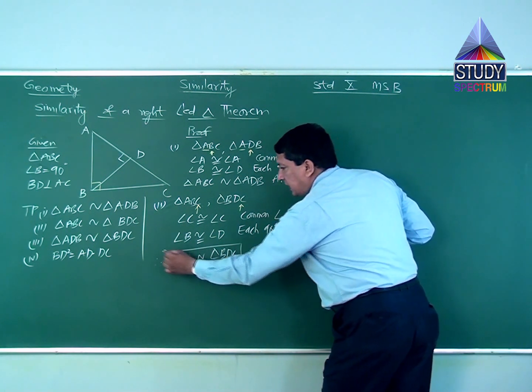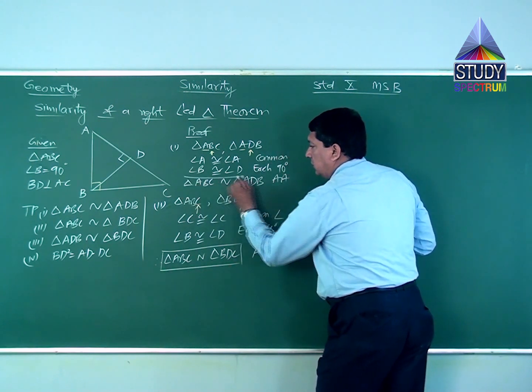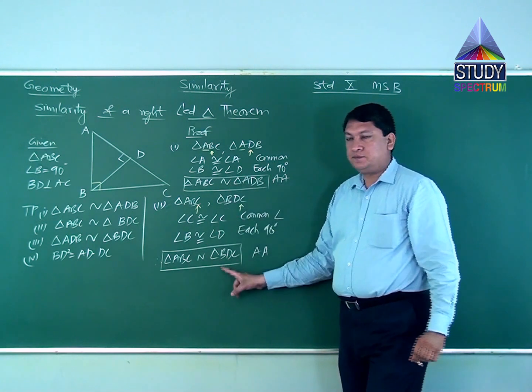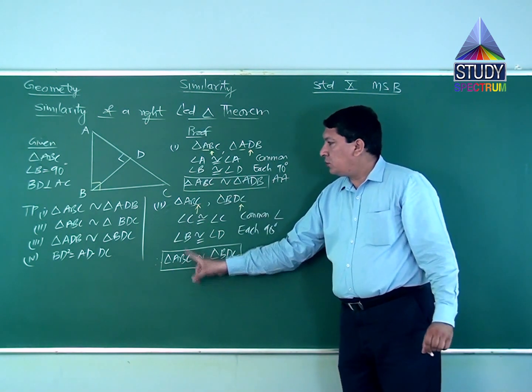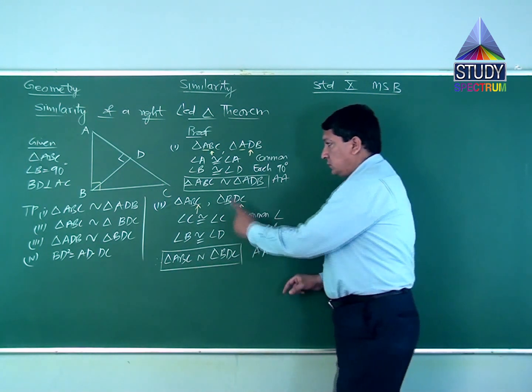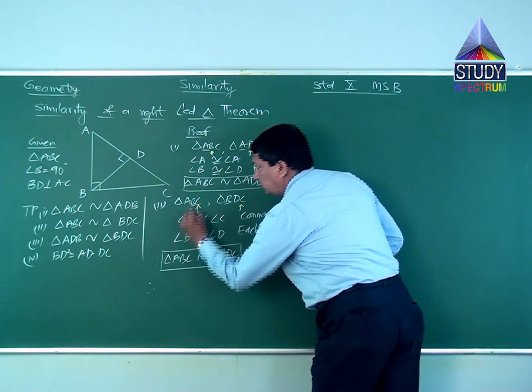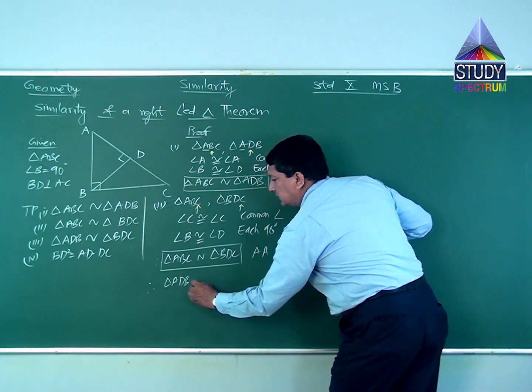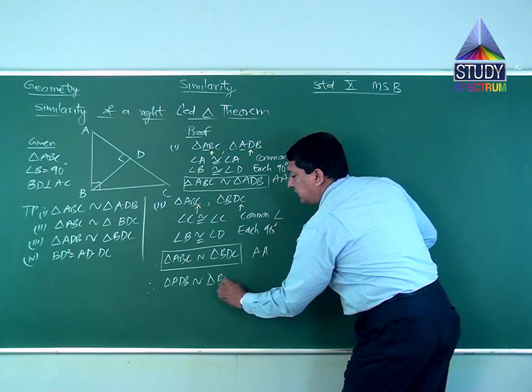So we got first and second answer of what we are looking for. Now from these two, triangle ABC is coming both. In both the answers we are getting triangle ABC. So conclusion is from these two, triangle ADB similar triangle BDC.